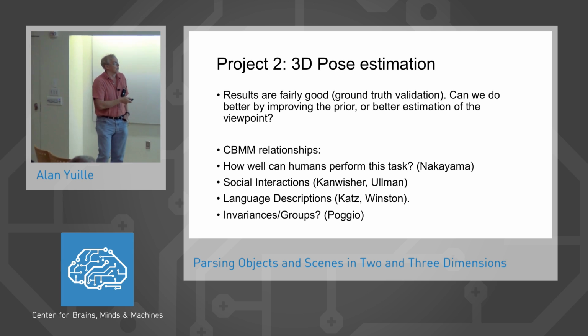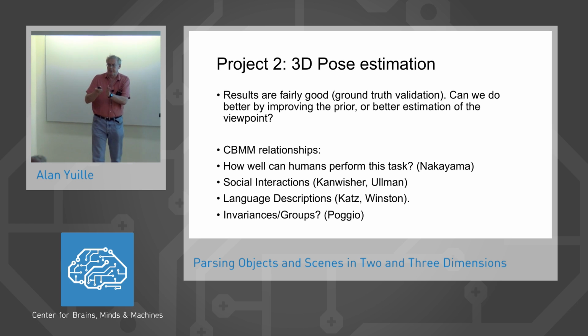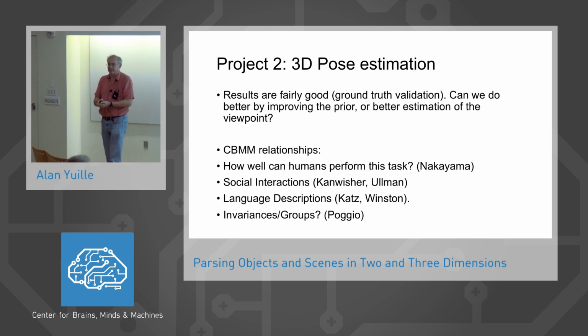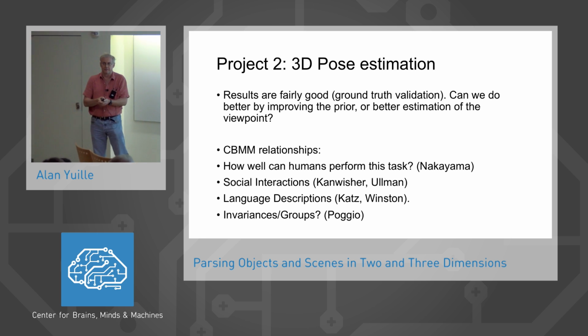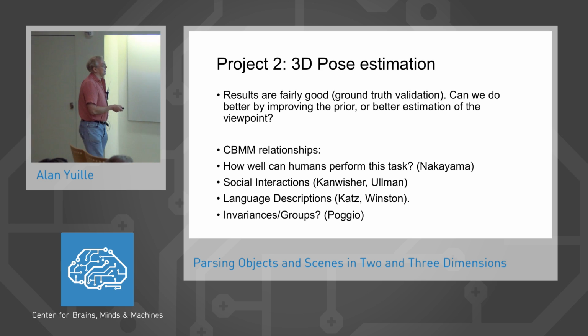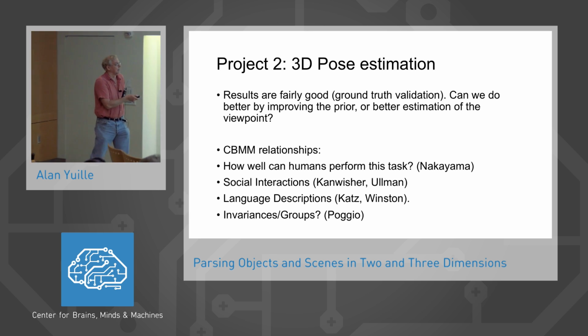There still needs to be more work there. In estimating the viewpoint, there's an ambiguity between the viewpoint and the pose. I suspect that if we could get the estimation of the viewpoint correct first, we would get a better result. But nevertheless, it's working fairly nicely.